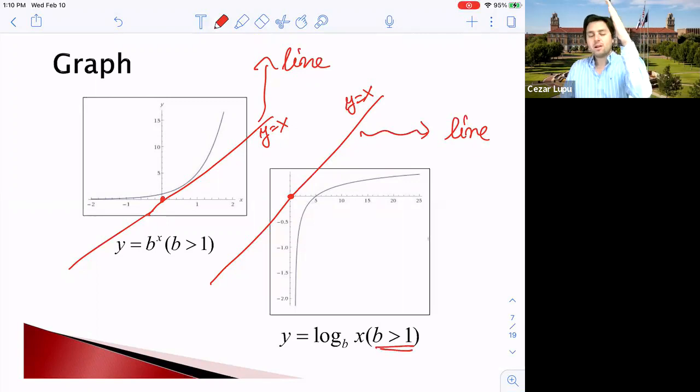If you compare the two graphs, the exponential graph has something to do with the x-axis. The graph of the logarithm will have something to do with the y-axis. So what can you tell me by just looking at the picture? What do you think is happening?